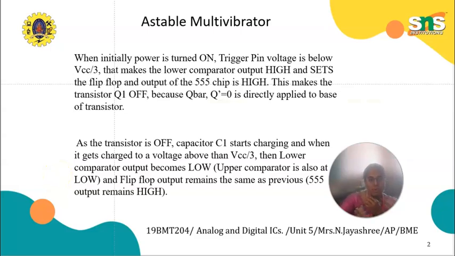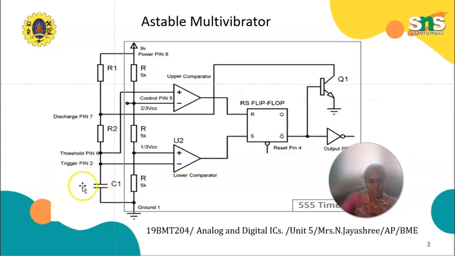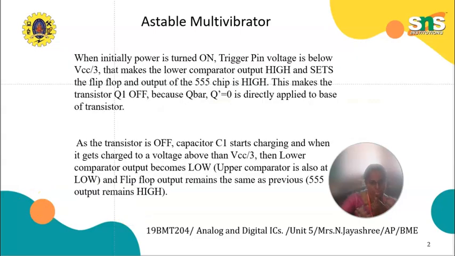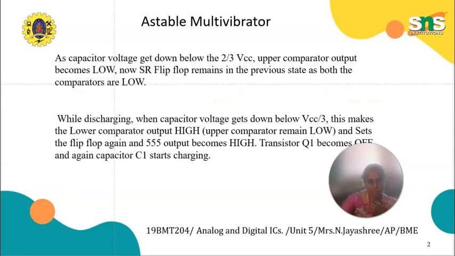When the transistor is off, the capacitor C1 starts charging, and the lower comparator output becomes low and the flip-flop remains high, the same as the previous value, right? So this is the circuit operation of the Astable multivibrator.